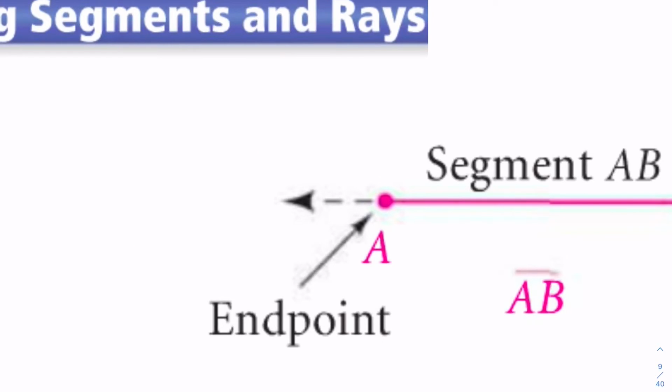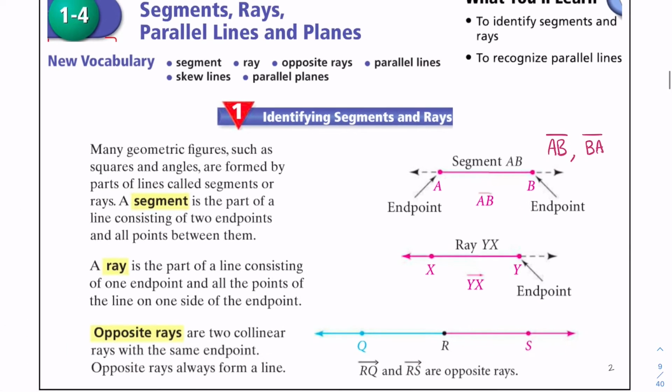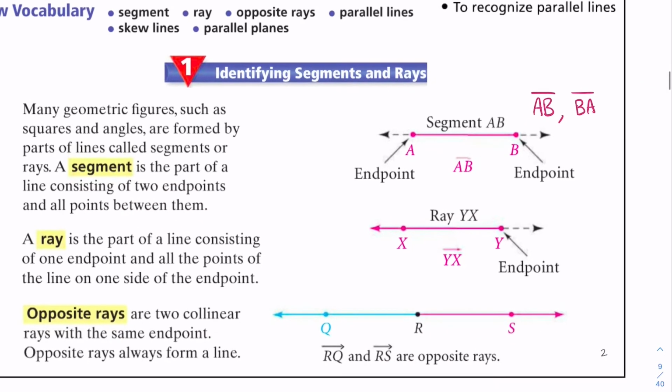We have endless amounts. So because they're endless, it actually, see, it says it right here. A segment is the part of a line consisting of two endpoints with all points between them, endless points between them. Okay. So let's take a look at this next one.